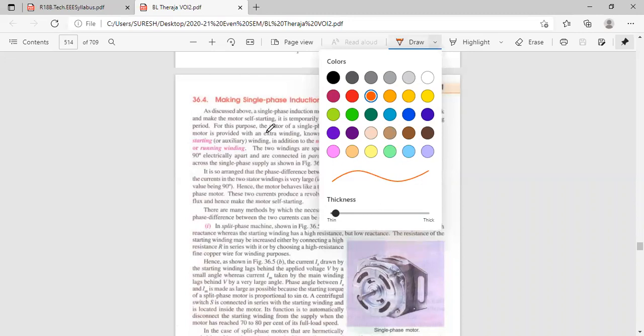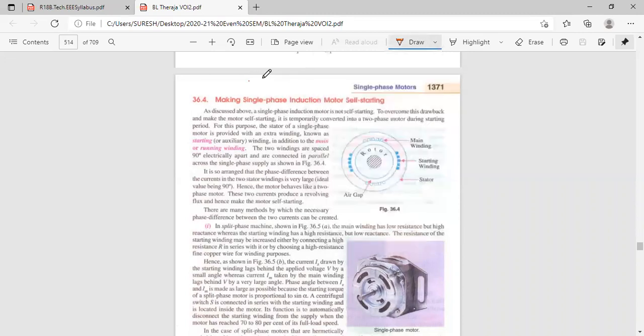Write down what I am writing. Write down tau.